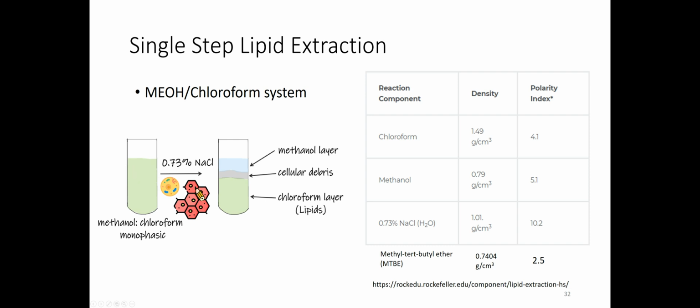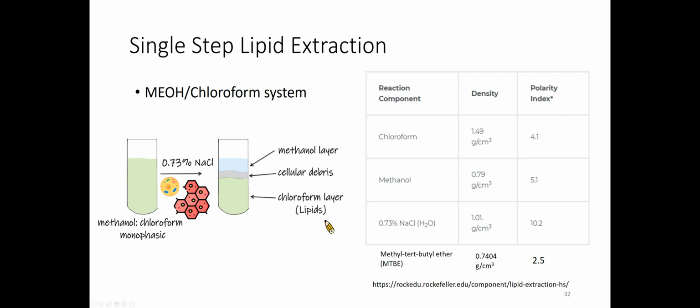After homogenization with tissues and cells, there will be 3 layers: the methanol layer containing the salts, carbohydrates, and some proteins, the chloroform layer containing lipids, and the middle layer containing the cellular debris. However, the lipids are located in the bottom layer, which is difficult to collect compared with the supernatant.